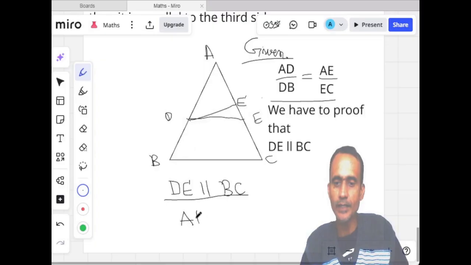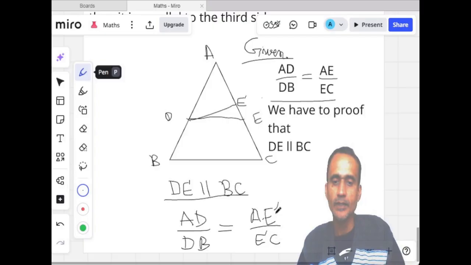So that means that the ratio of AD to DB is equal to AE dash by E dash C. So this we get from theorem 1.